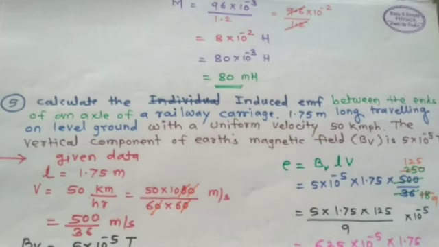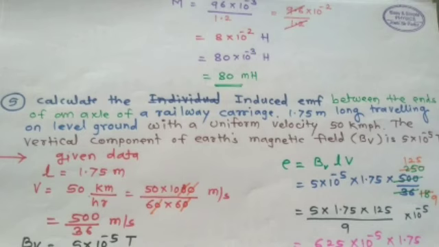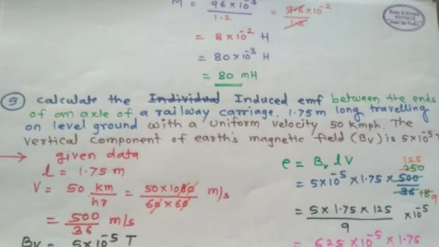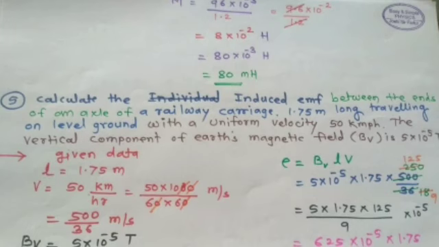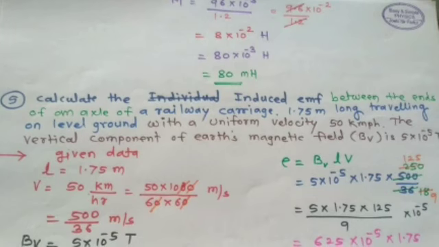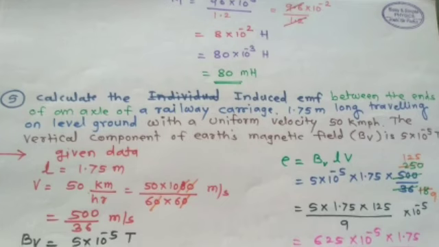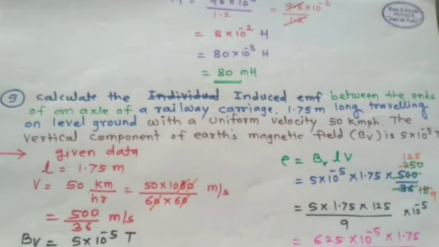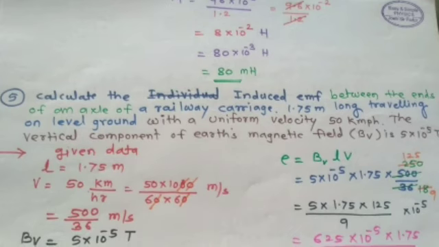Question number 5. Calculate the induced EMF between the ends of an axle of a railway carriage, which is 1.75 meter long, traveling on level ground with uniform velocity 50 km per hour.